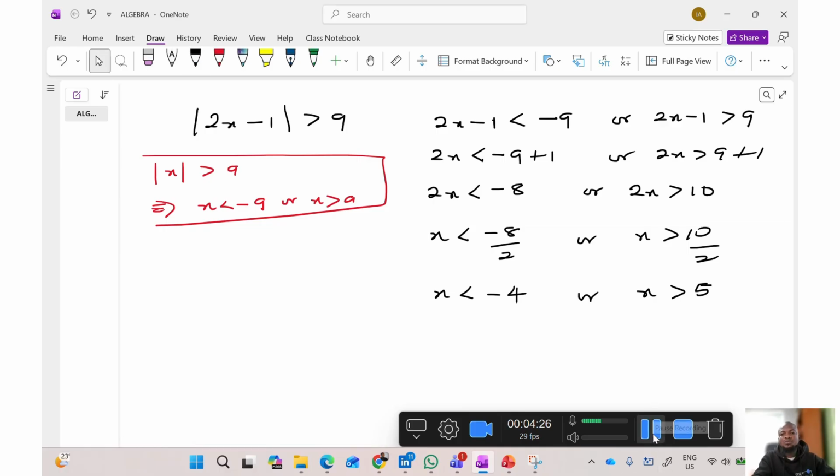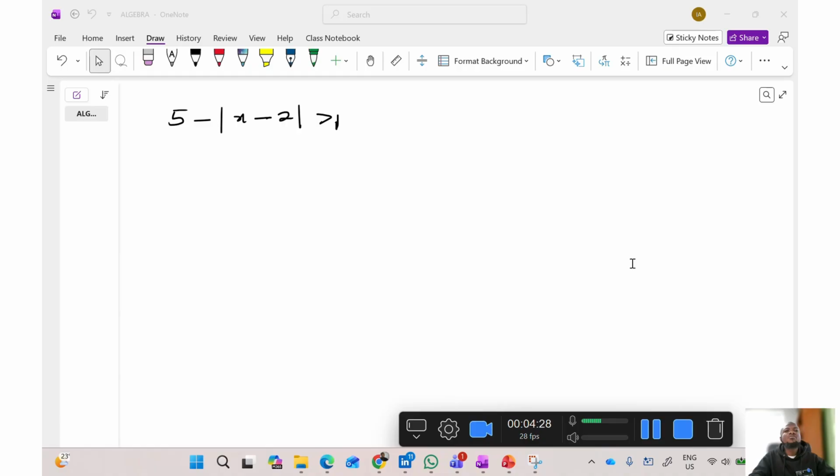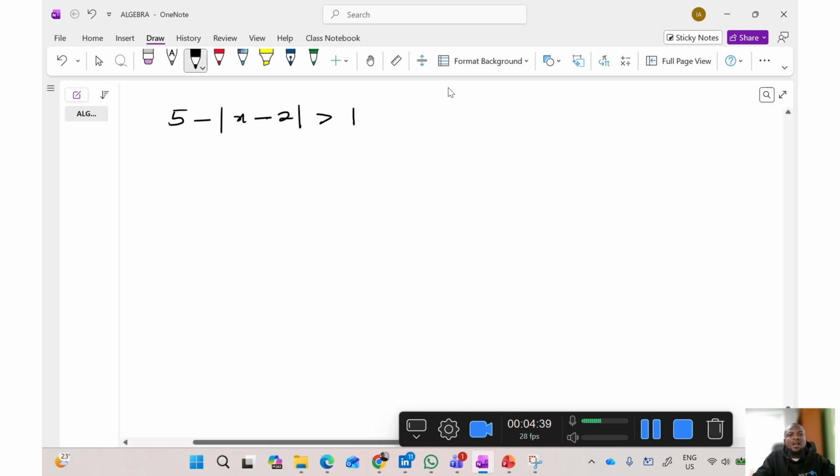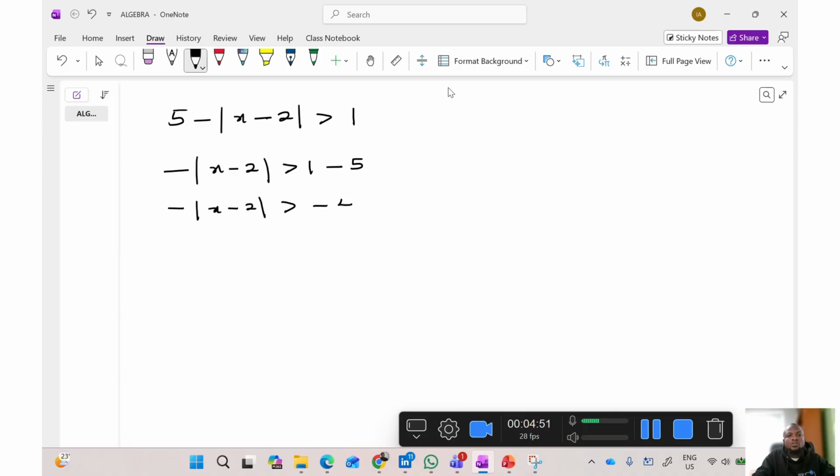So now, next example. I also have 5 minus the absolute value of x minus 2 greater than 1. Okay? To do this, let me take 5 to the other side first. So I can have minus the absolute value of x minus 2 greater than 1 minus 5. So that is minus the absolute value of x minus 2 greater than minus 4.